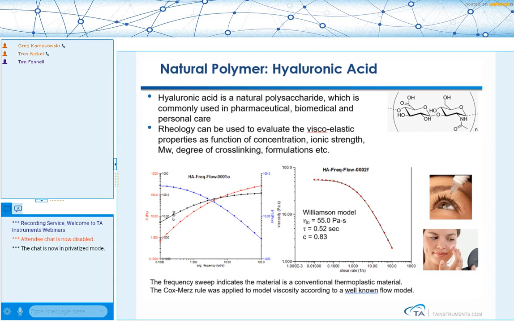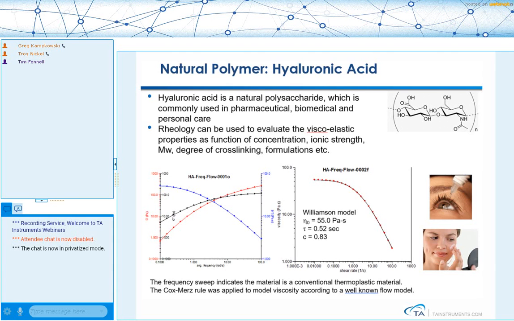And the properties that we note here are that, again, at the low frequencies, the storage modulus is low and it's trending downward. The loss modulus is higher in the low frequency region.